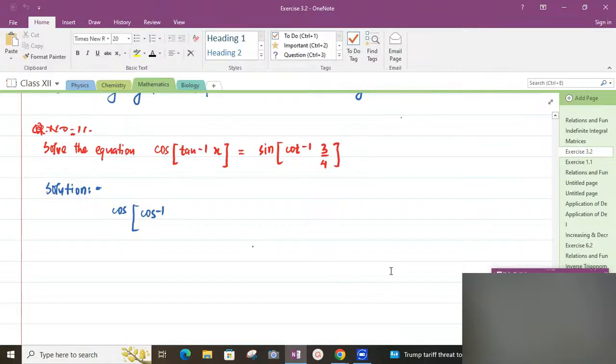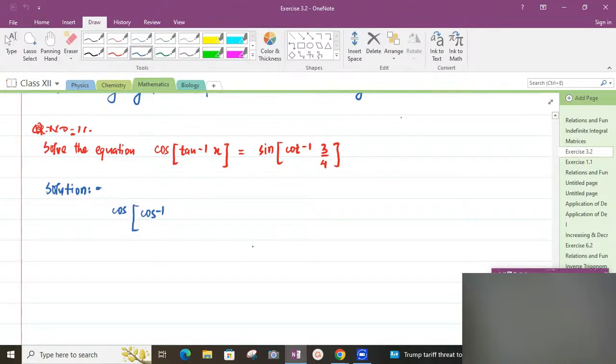So we know that tan inverse equal to p by b, and cos inverse will be b by h. So let's see here, p equal to x and b equal to 1.